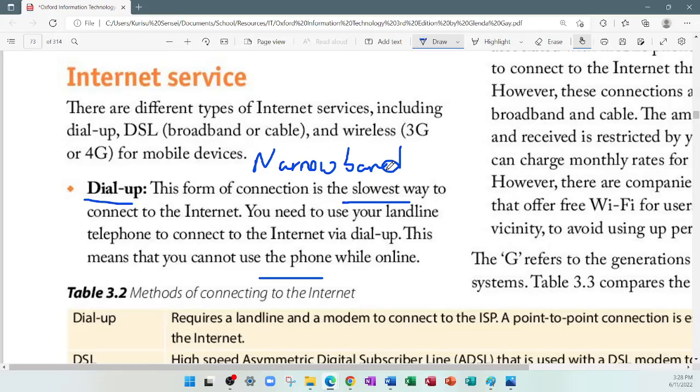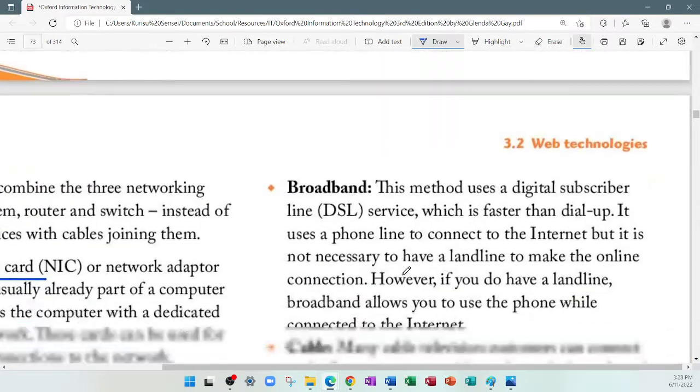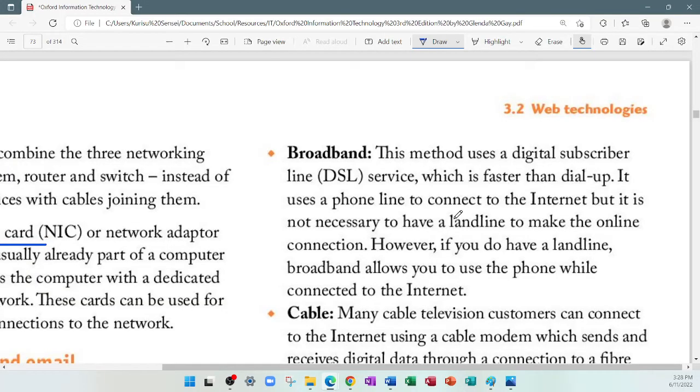Anytime you were browsing the internet and somebody picked up the landline, you would get disconnected from the internet. Why? Because it only allowed either the landline signal or the internet signal to be sent across. It cannot send both at the same time. So that is why we moved away to broadband, which facilitates more types of signals.